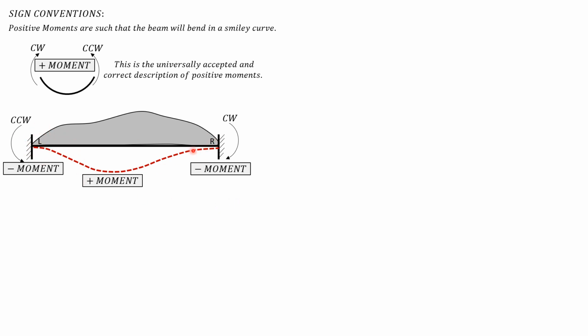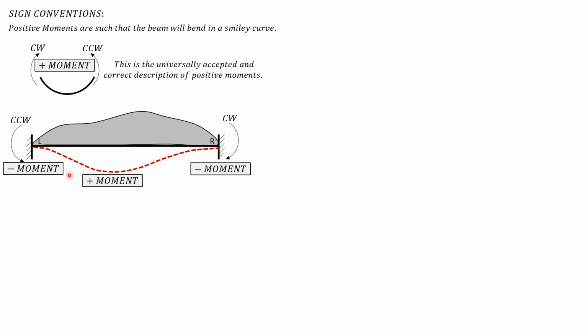Therefore, when we compute fixed end moments, I now change the letters to L and R, meaning left and right end. If you set up the equation for moment at the left end, then the fixed end moment is negative, because we expect that at the left end, the fixed end moment is counterclockwise.